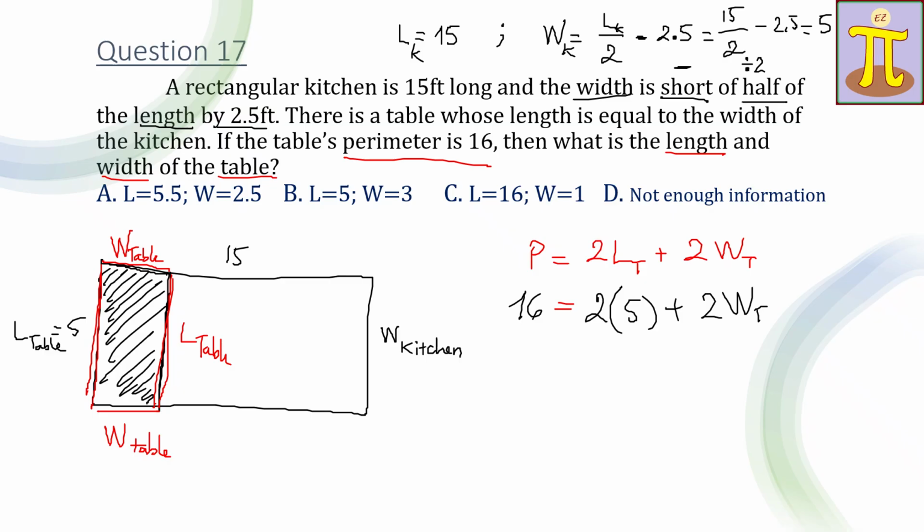Now we simplify this. We have 16 equals 2 times 5, which is 10, plus 2WT.